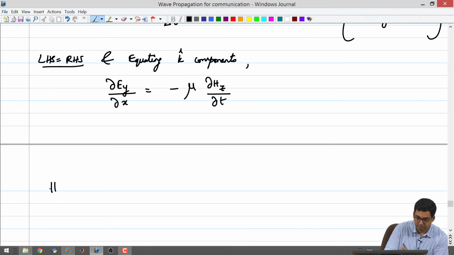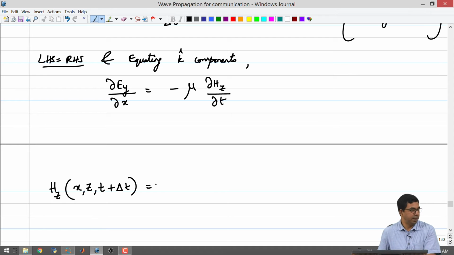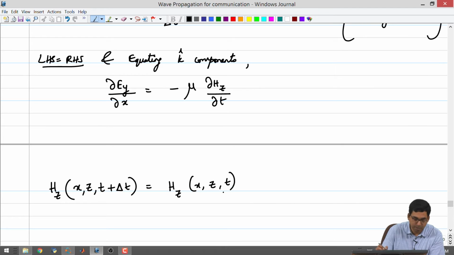at x, z, t plus delta t. This is the quantity that we are interested in finding. So, this is going to be the current value of Hz at x, z, t.